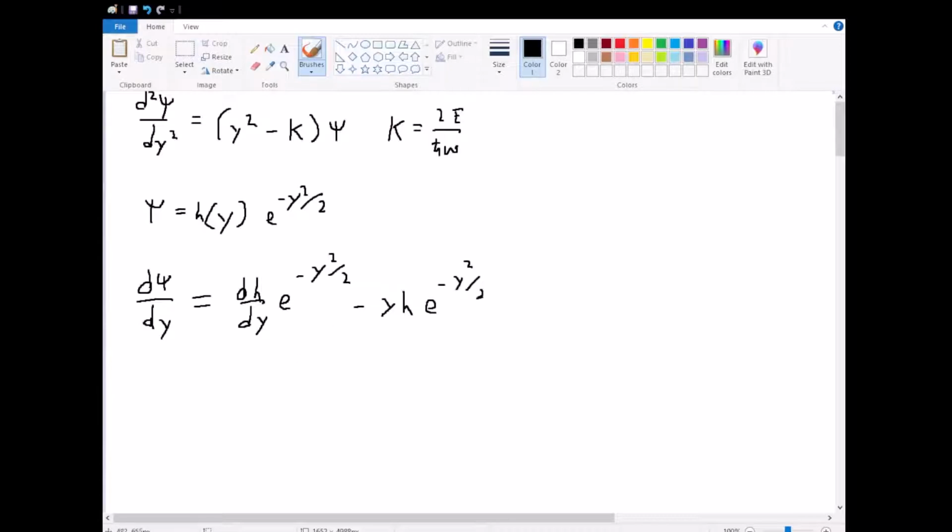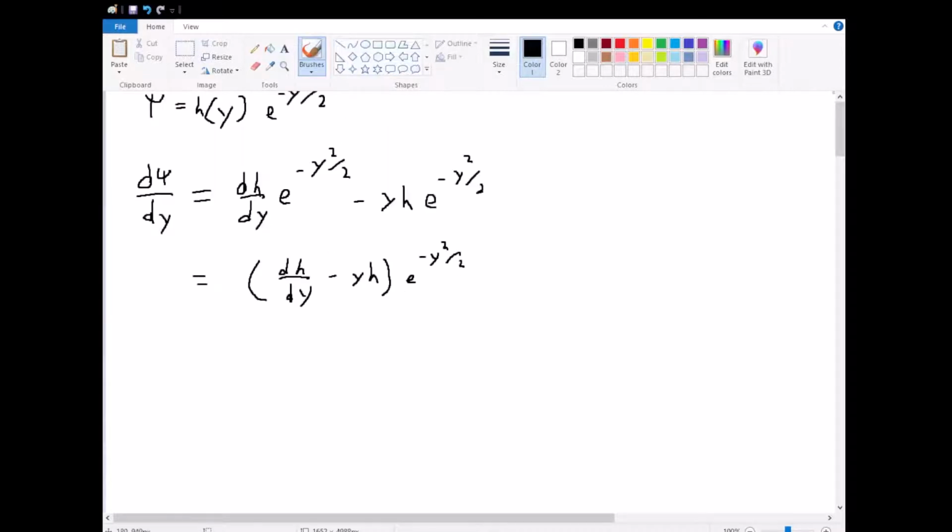We use distributive property to take out the exponential, and what we're left with is dh by dy subtracted by yh multiplied by e to the negative y squared over 2.